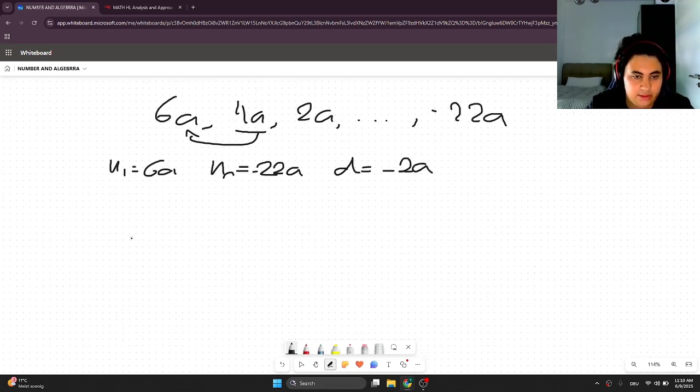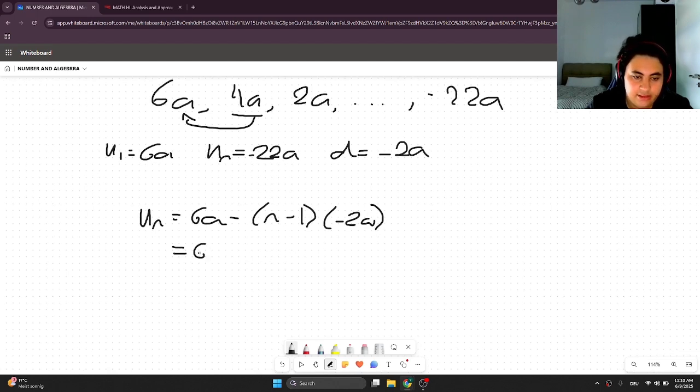So now let's build the formula. So un is equal to 6a plus n minus 1 times negative 2a, right? So let's expand. We have 6a, and it's going to be minus. Negative 2a times n is going to be negative 2an, right?